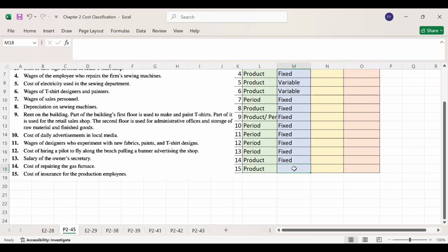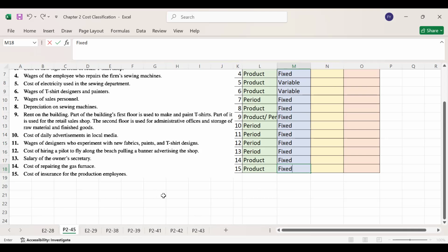The cost of insurance is fixed, whether the employee produces 10 units or 20 units or 0 units. So the cost of insurance will not change according to the number of units produced. So this is a fixed cost.